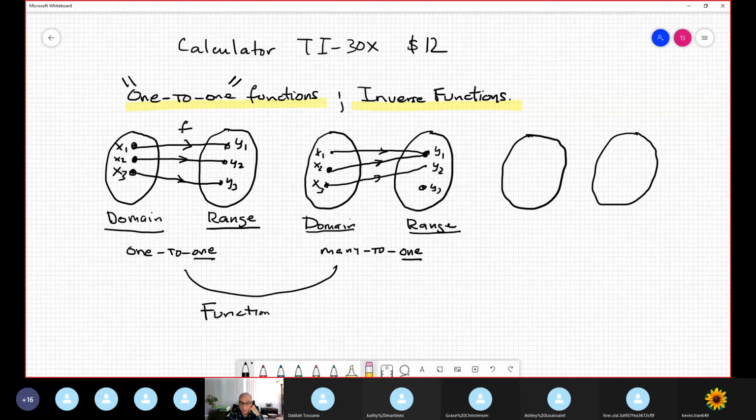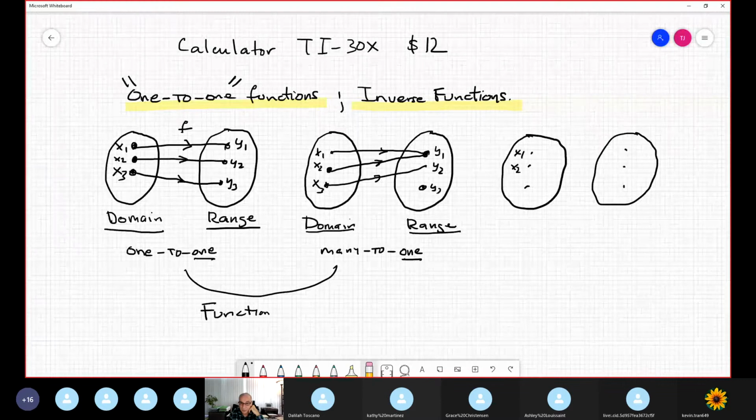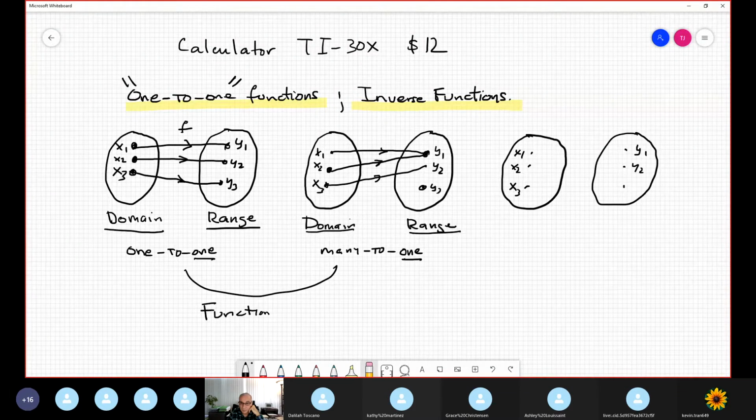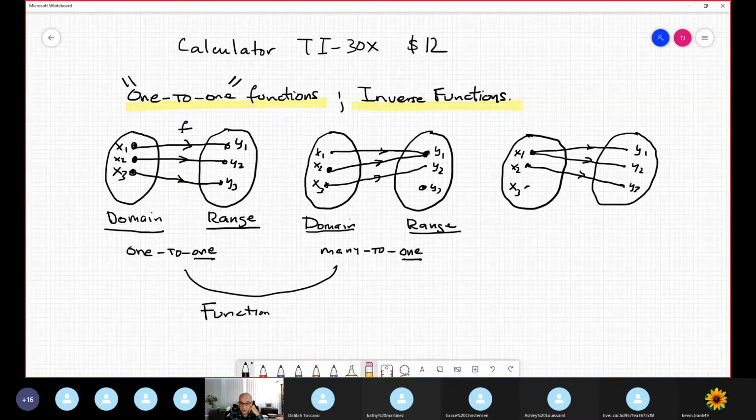For example, when you associate in this order: x1 associated with y1, x1 again associated with y2, x2 associated with y3, and x3, nothing.